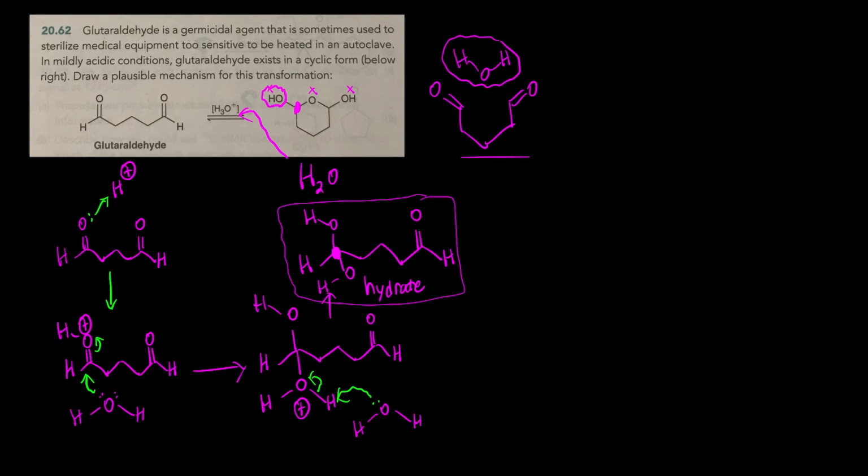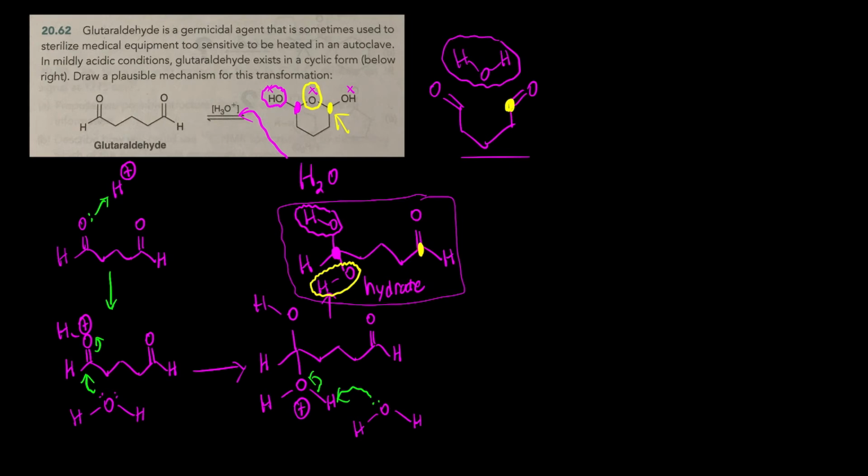So now, here's an OH group. I'll just randomly circle this one here. And then what we need to do is somehow get another oxygen. Well, here I have an oxygen. I need this oxygen somehow to get connected to this carbon, the carbonyl carbon. So how would I do that?